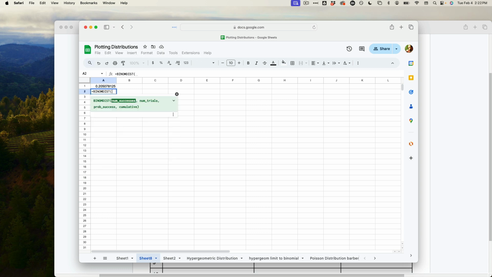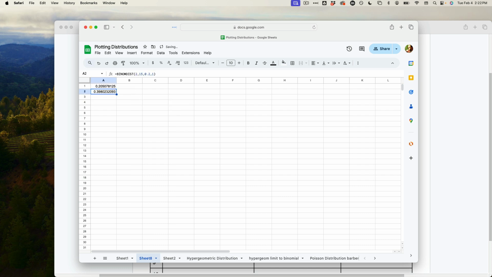So this time we want the cumulative mass function, the CMF, of no more than 2 batteries being defective. So our x value is still 2. So this is capital B at 2. And we have what? 15 trials, right? 15 batteries. The probability of success is 0.1. And now cumulative, we want it to be 1. We want the cumulative, okay?